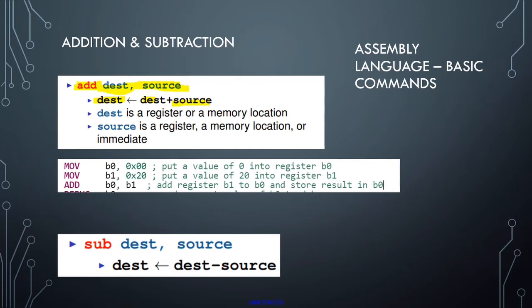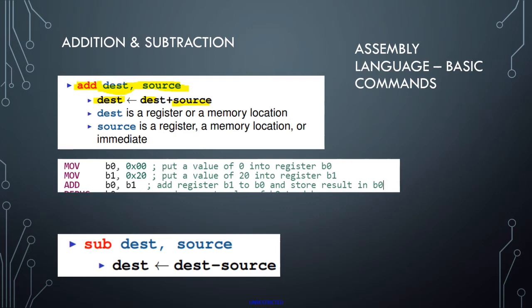The only big thing to be aware of here is that whatever variable you put in on the left over here, that's where your answer is going to be. So you don't get to add A and B and store it in register C. You have to add A and B and store it in register B, or store it in register A. Your result has to be stored in one of the sources. So just something to keep in mind.